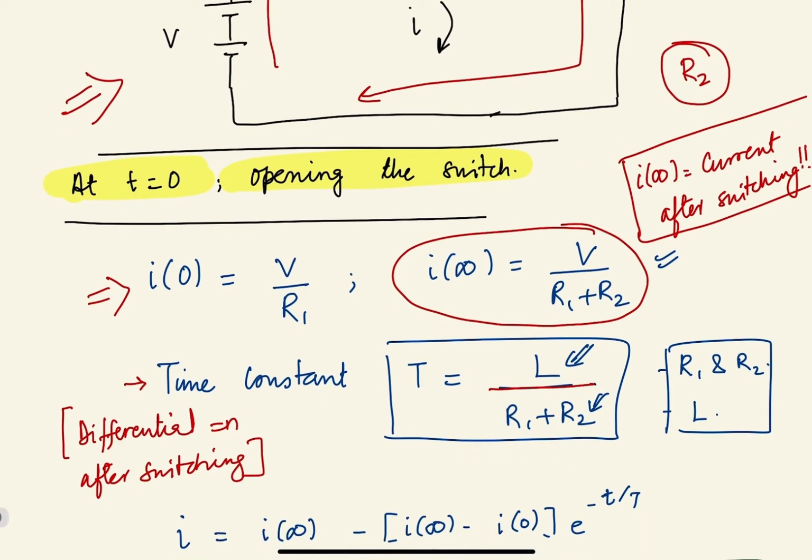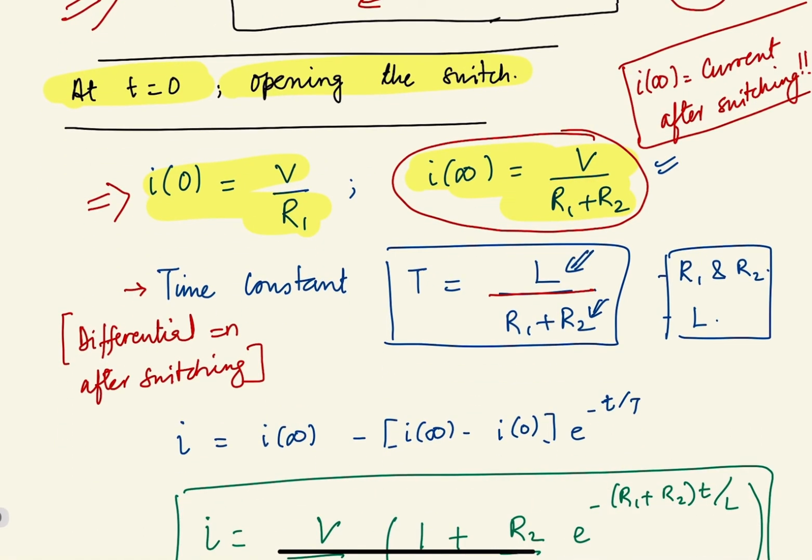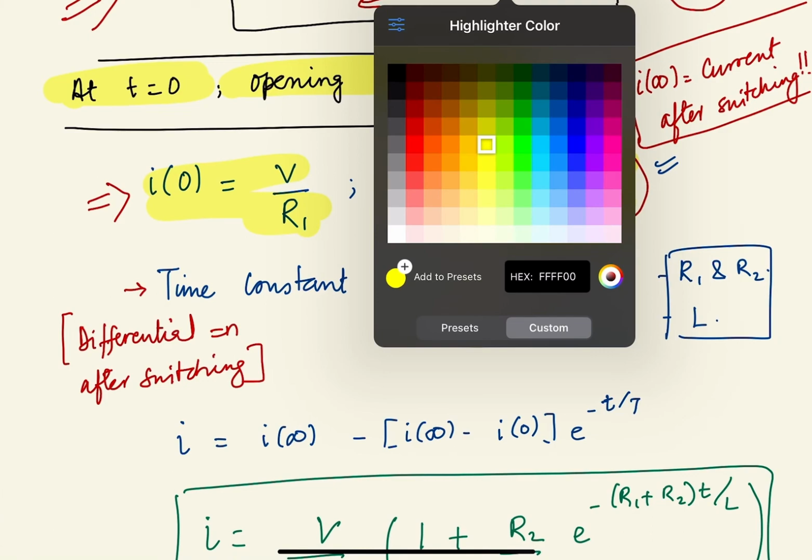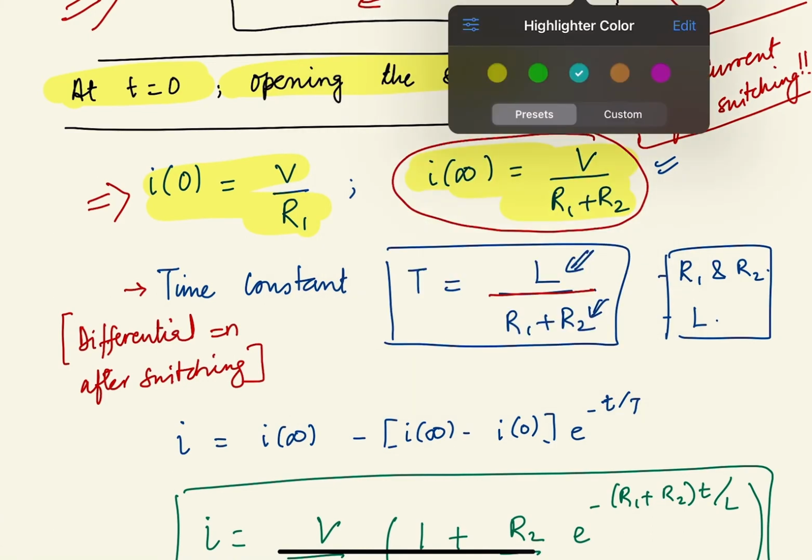If you take a closer look at I0 and I infinity, you will clearly see that it's the reverse of the previous condition when the switch was closed at t equal to 0.